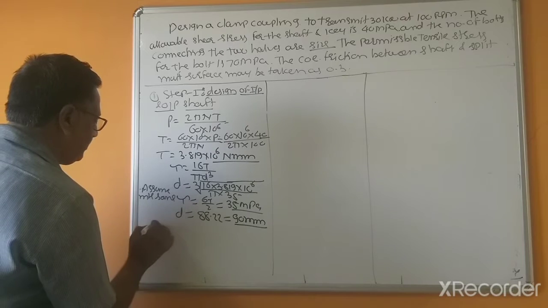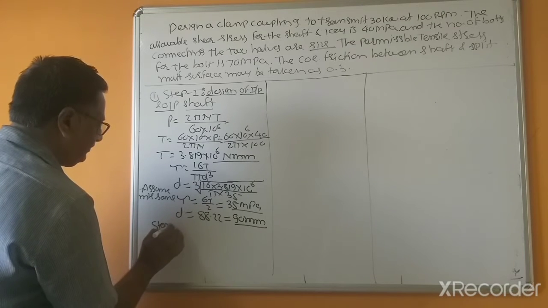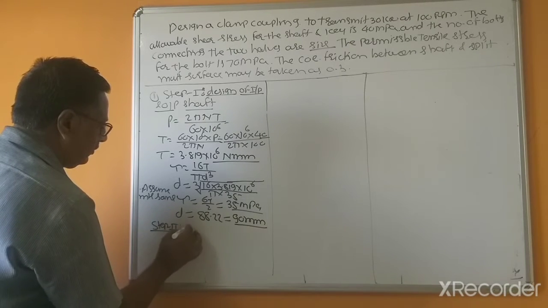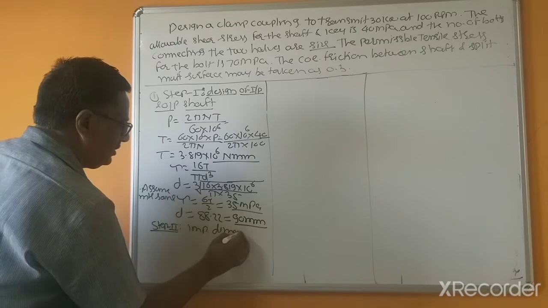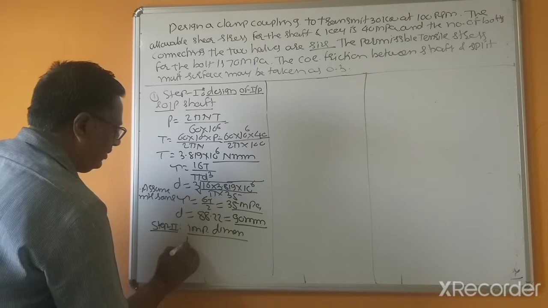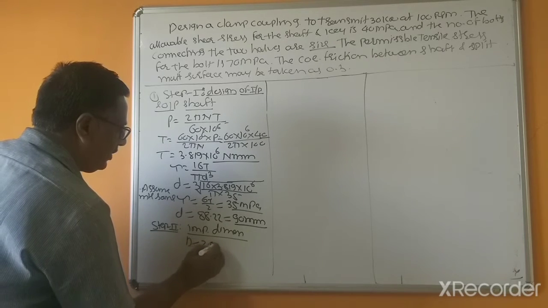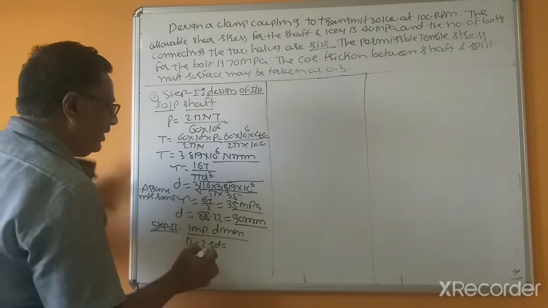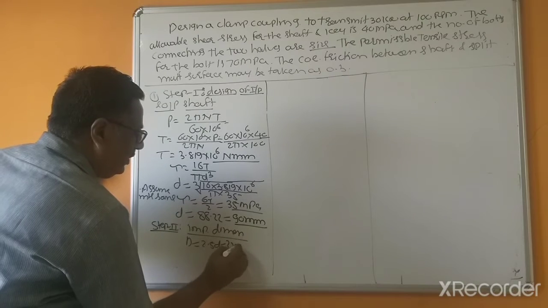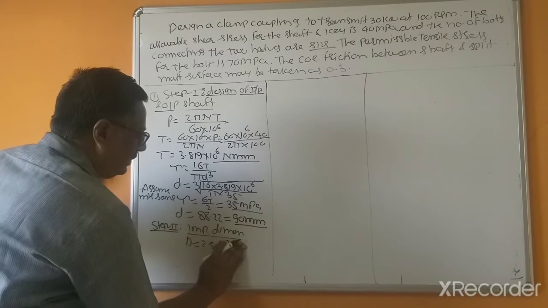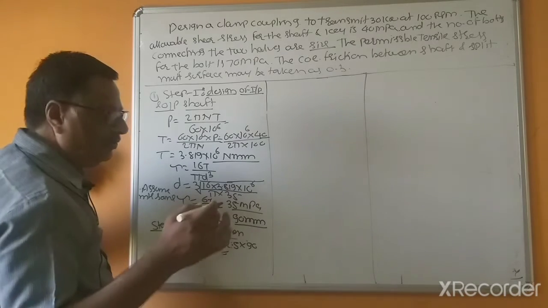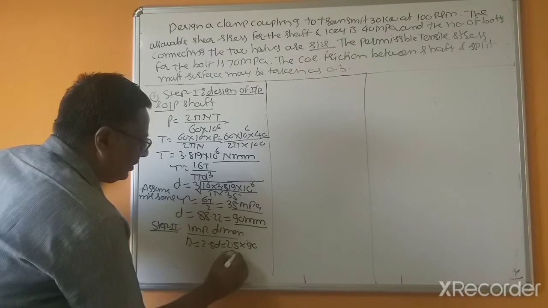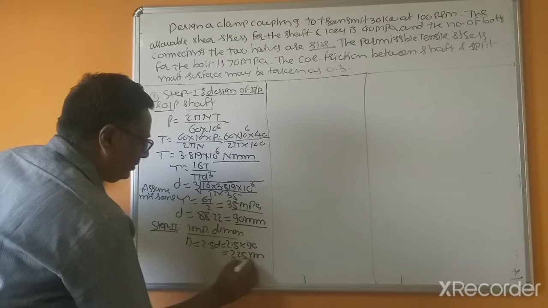Now step second, important dimensions. Capital D equal to 2.5 d, and this is 90, so 2 into 90, 180, plus 0.5 into 90, 45, 225.